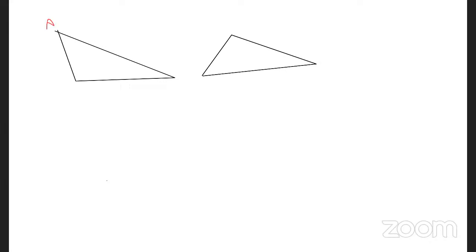Two triangles I'm having, ABC and DSU. In ABC, angle B is 110 degrees, AB is 3 centimeters and BC is 4.5 centimeters. In DSU, this angle is 110 degrees, with sides 3 centimeters and 4.5 centimeters.